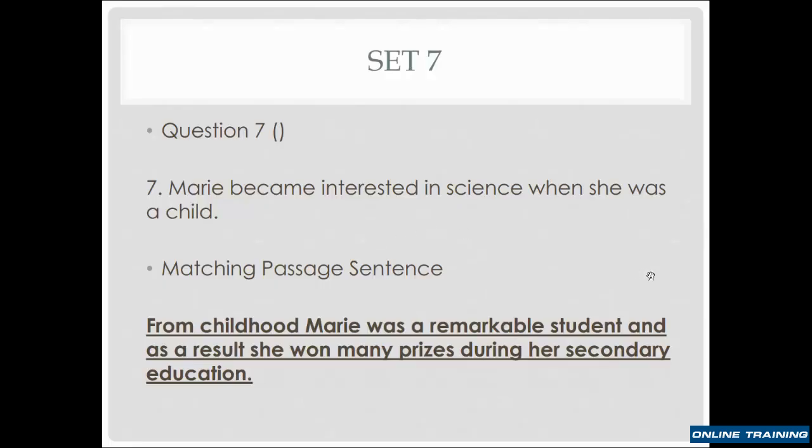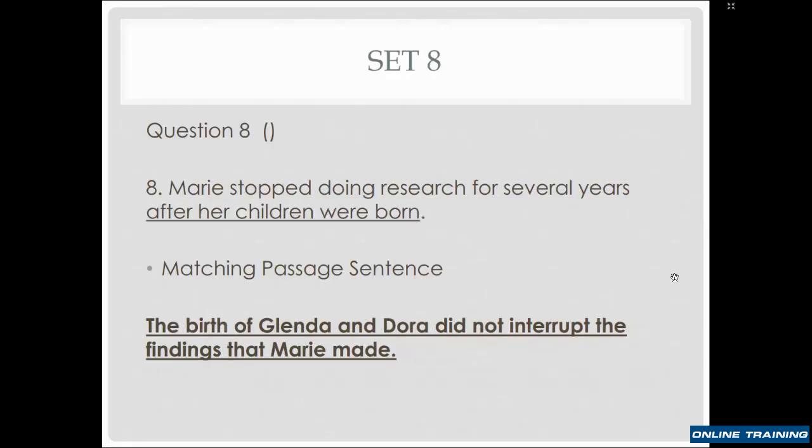All right, let's look at another one. All right, question 8. Marie stopped doing research for several years after her children were born. And the matching passage sentence: the birth of Glenda and Dora did not interrupt the findings that Marie made. Okay, so we scan the passage, we look at the question, and our keywords from the question were Marie.